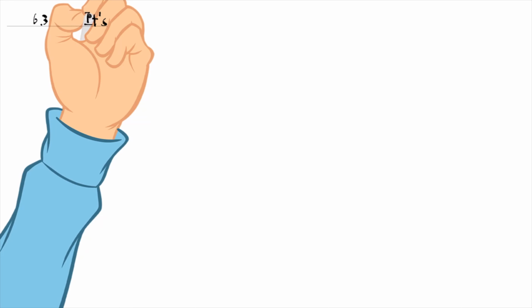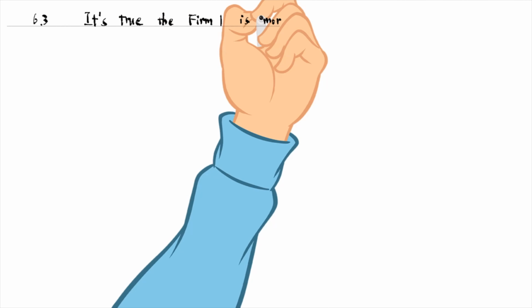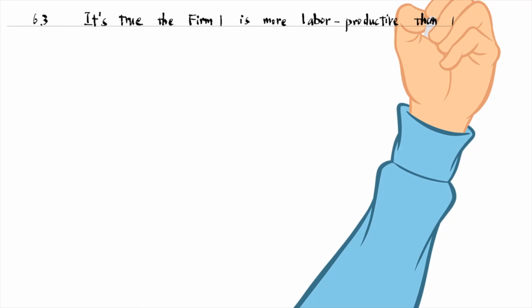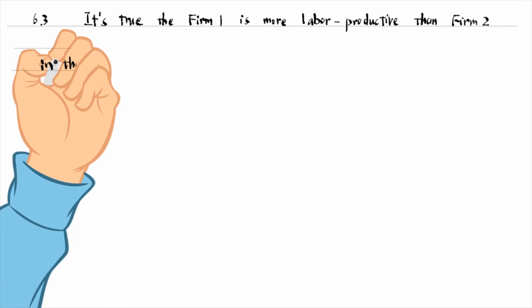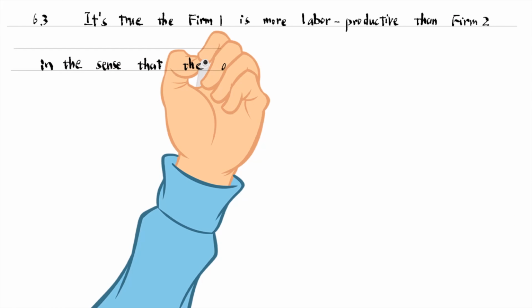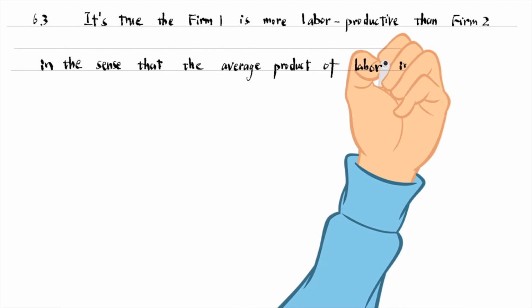It is true that firm 1 is more labor productive than firm 2 in the sense that the average product of labor in firm 1 is higher than that in firm 2.